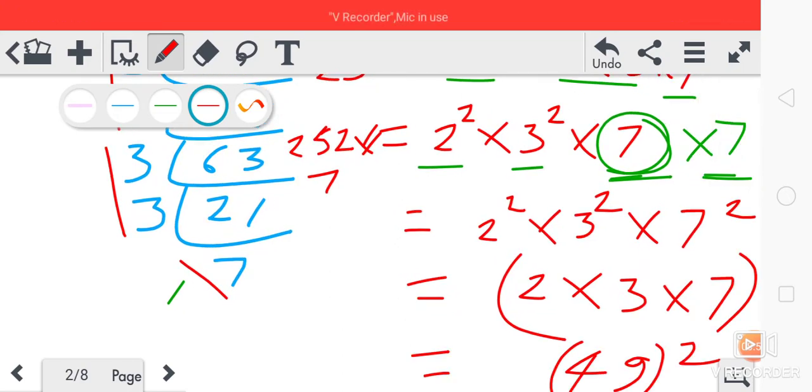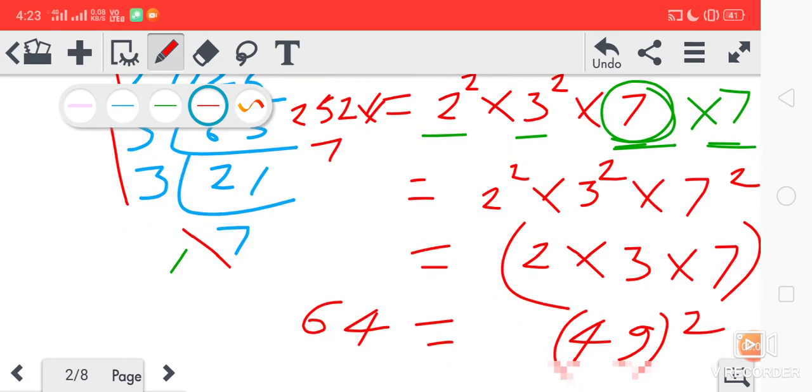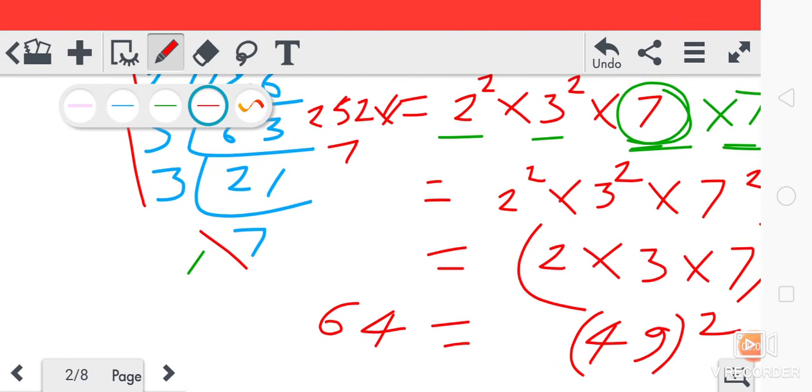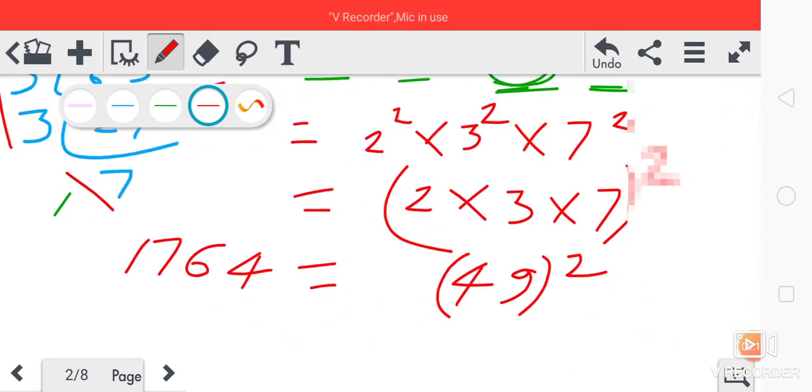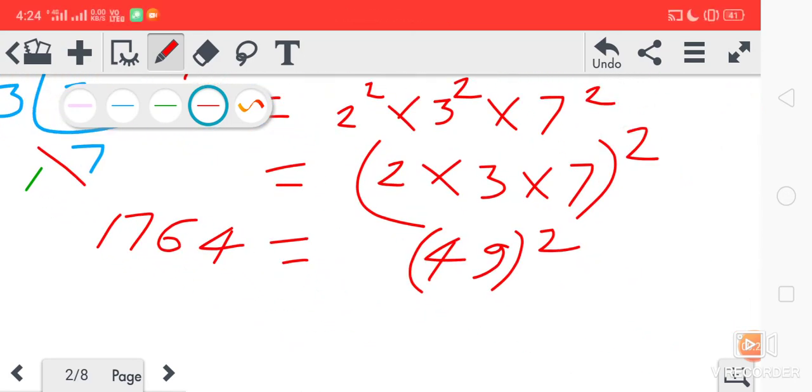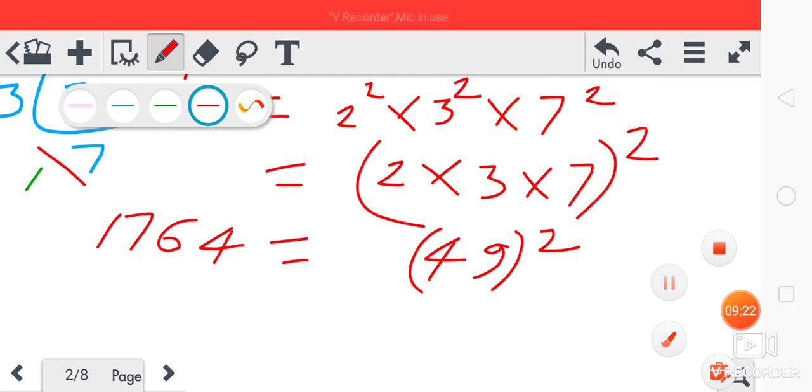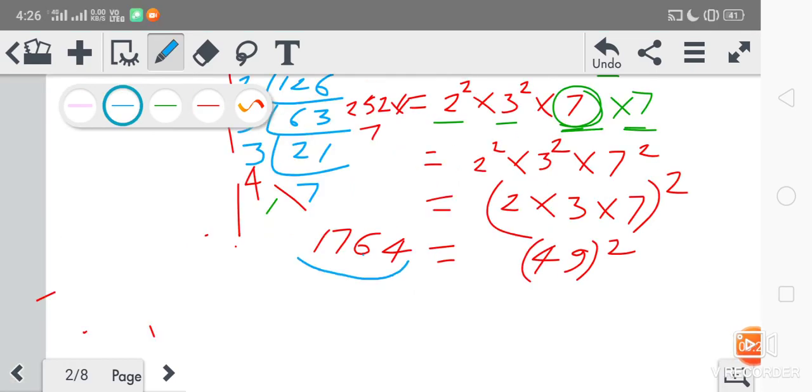252 into 7: 7 times 2 is 14, 7 times 5 is 35 and 1 makes 36, and 7 times 2 is 14 and 3 makes 17. So in the LHS we are getting 1764.